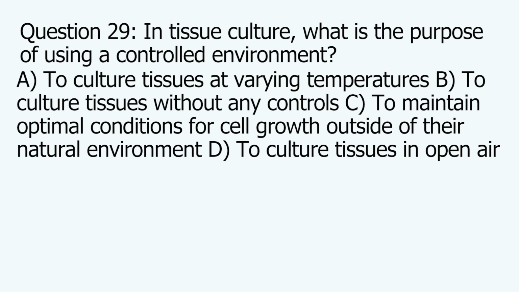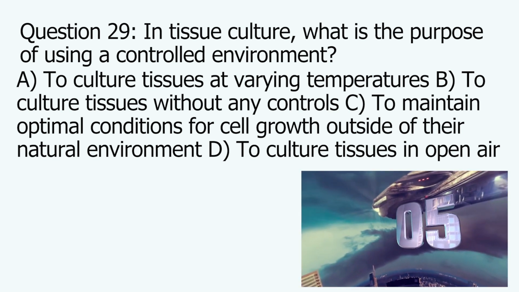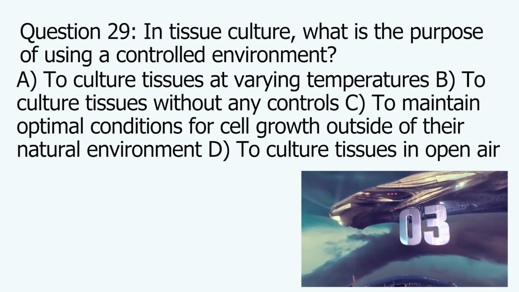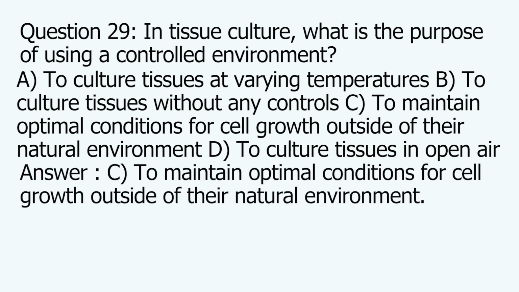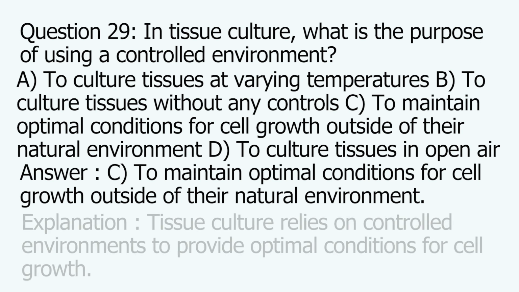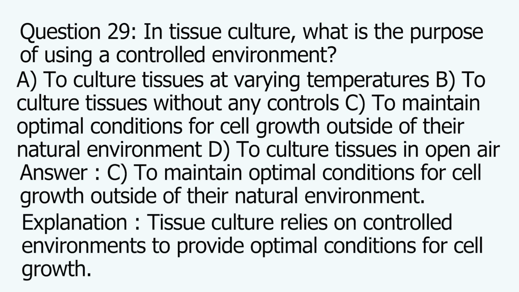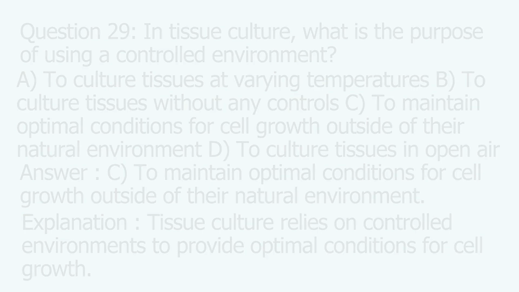D. To culture tissues in open air. Answer. C. To maintain optimal conditions for cell growth outside of their natural environment. Explanation: tissue culture relies on controlled environments to provide optimal conditions for cell growth.